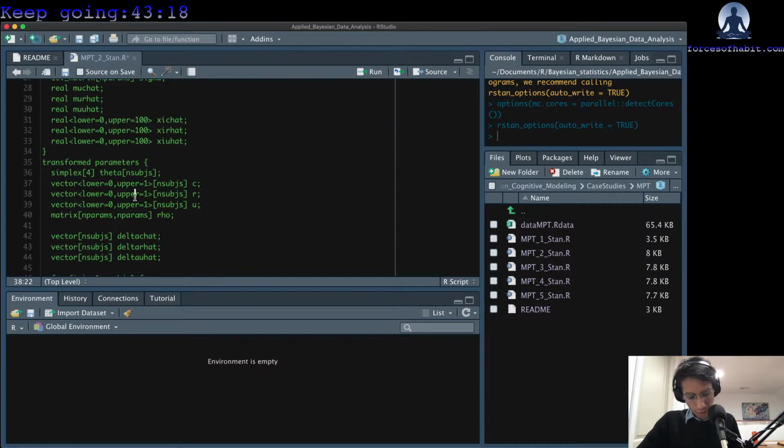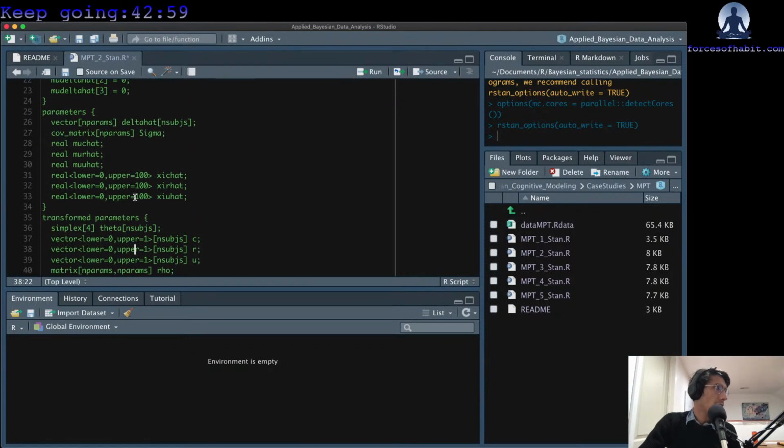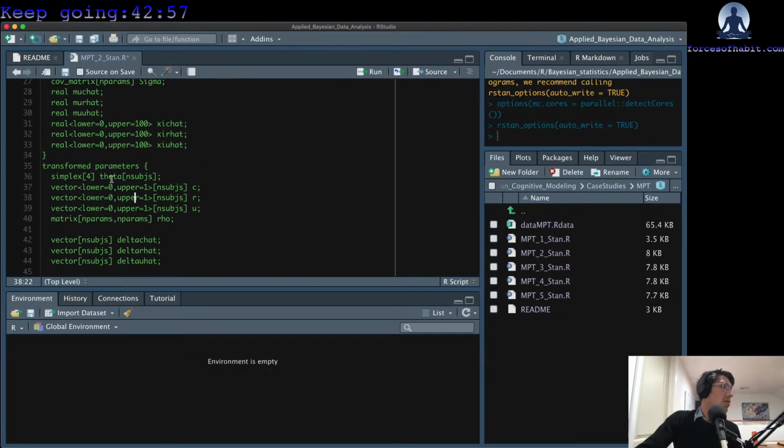So this is part of the hyperparameterization. So we want to specify simplex.